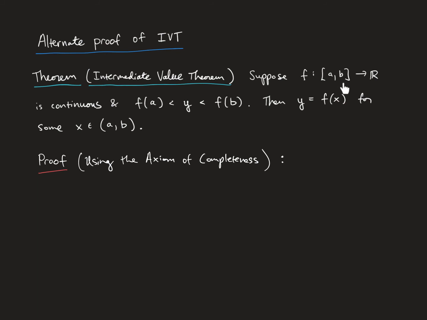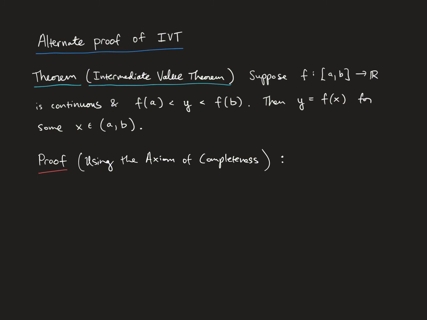So you might wonder what's the simplest possible proof you could come up with of this quite fundamental theorem. The book gives two. It gives one proof using the axiom of completeness, and here's my version of it. We want to use the least upper bound property.